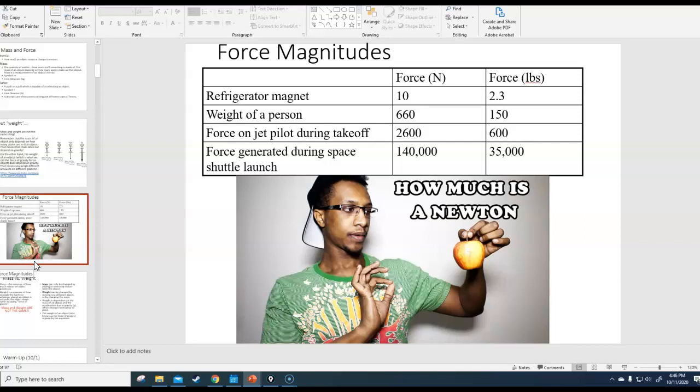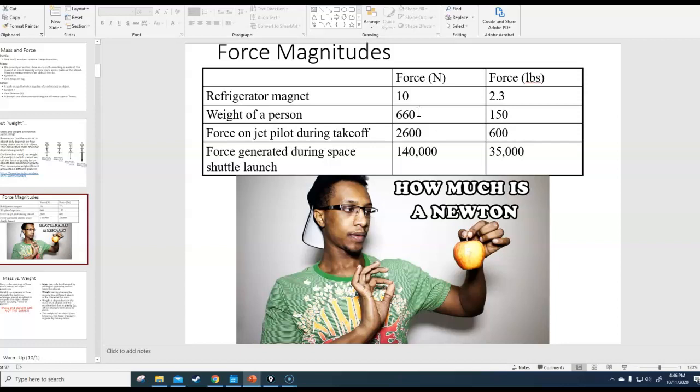A person might be 500 or 600 or 700 newtons. The force on a jet pilot during takeoff might be a couple thousand newtons. But this slide right here is just to give you an idea of how much is a Newton in units of force, which is something that you can maybe relate to a little bit better.